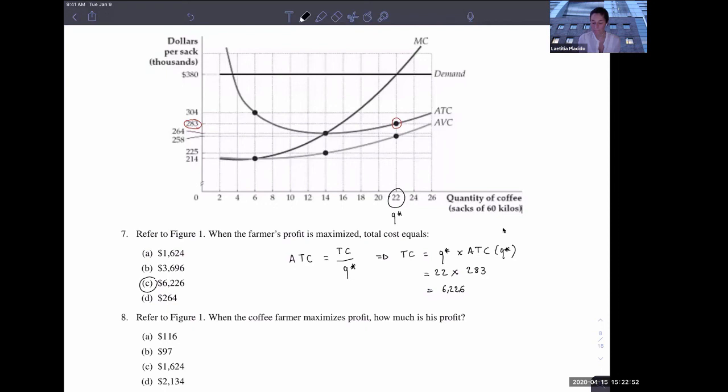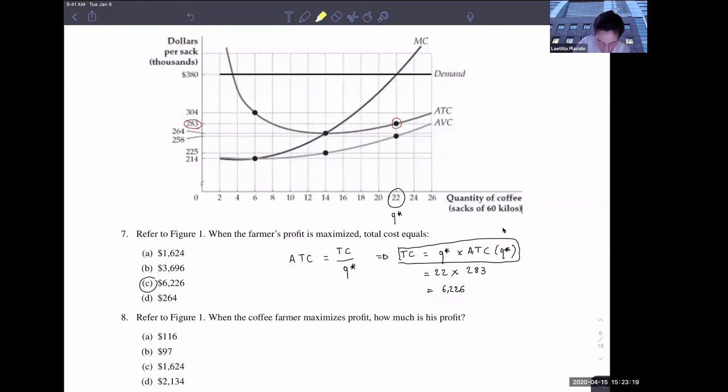Now let's say that we want to represent this total cost on the graph. Well, you can use this equation here. Total cost is quantity times ATC at that quantity.